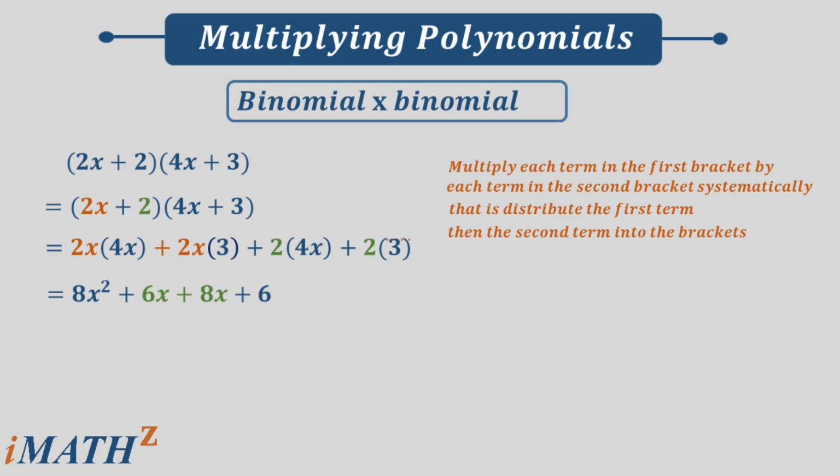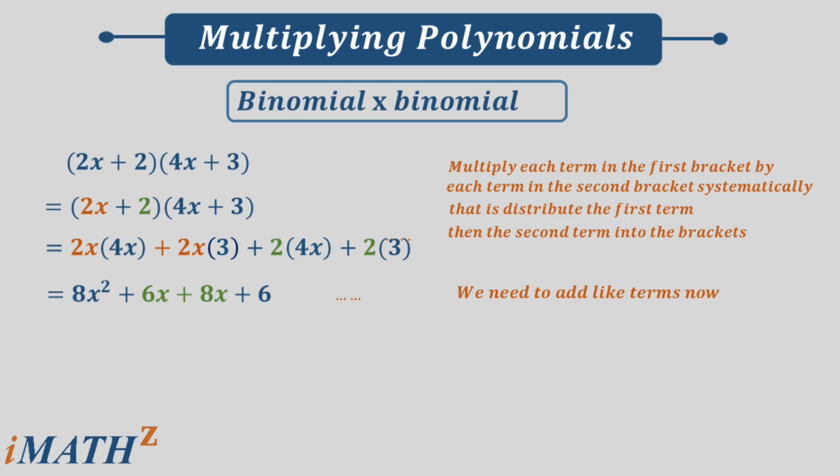Now we have to recognize that this is simply a polynomial, and we can use what we've learned in the video about adding polynomials. So we can start by looking for like terms and adding them up. 6x and 8x are clearly like terms, and when we add them we get 14x.